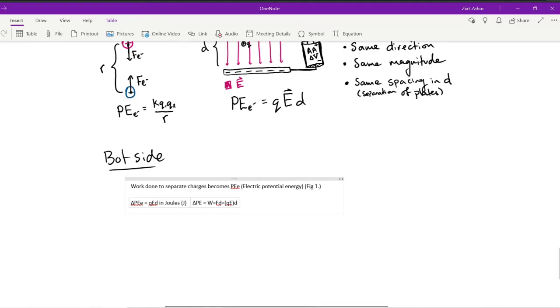So that's how we get this equation, all the way from unit 5. Oops.